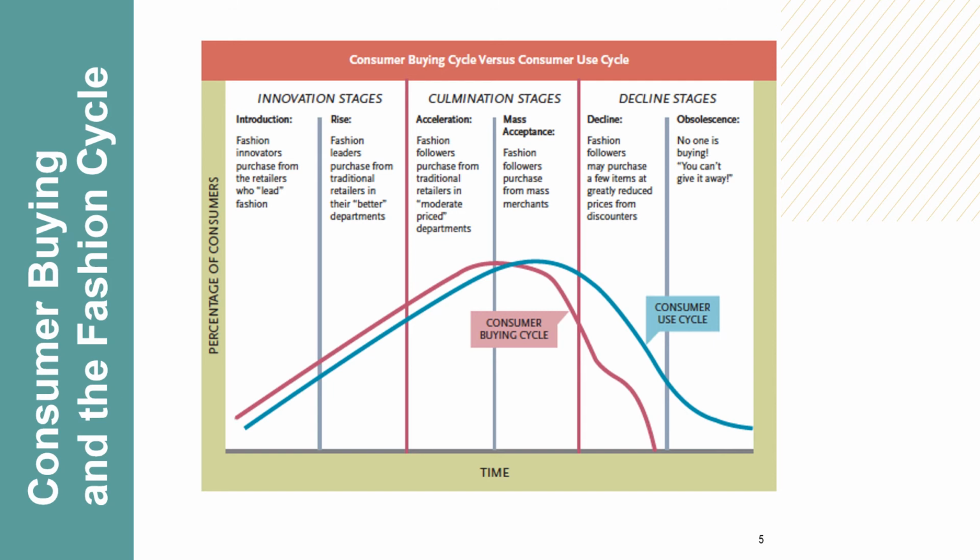The sweet spot is where the two curves meet, right? That's where retailers want to be. They want to be in the spot where consumers want it and they have it. They hate that chasm between the consumer buying cycle and the consumer use cycle. They want to make sure that if they have it, it's something that we still want, right?